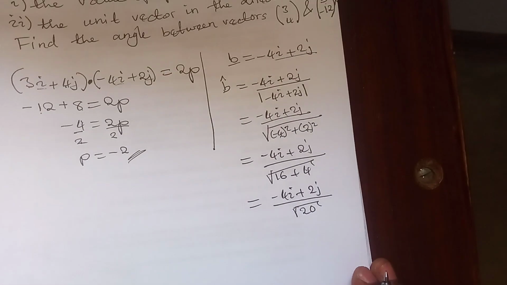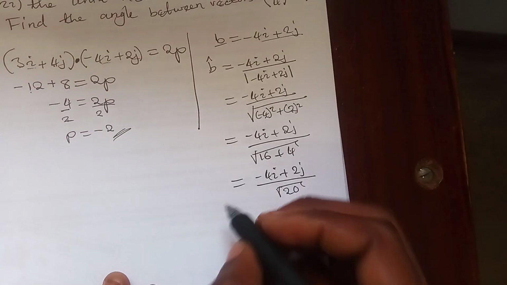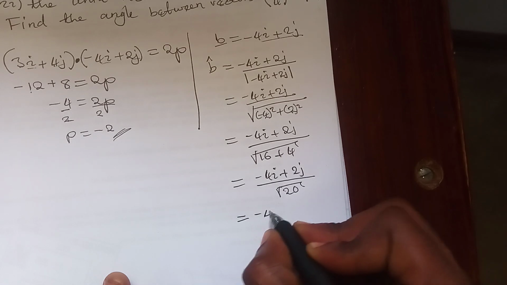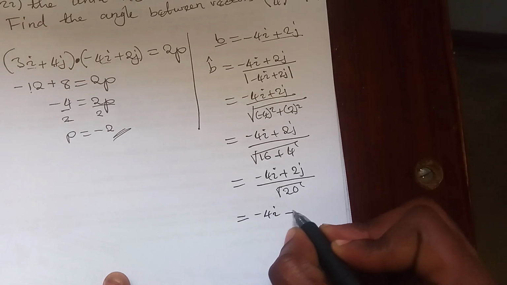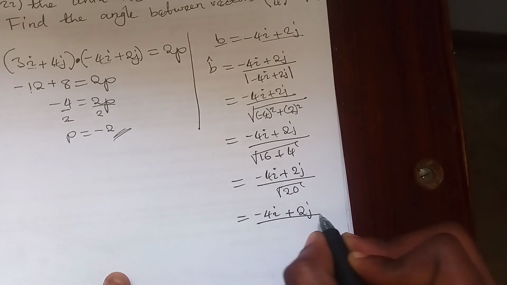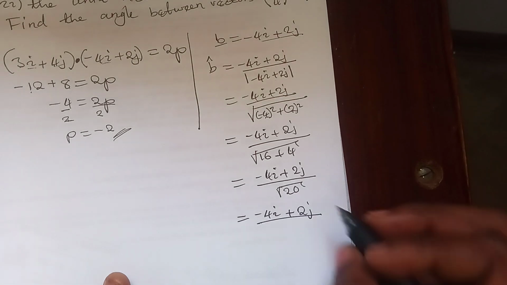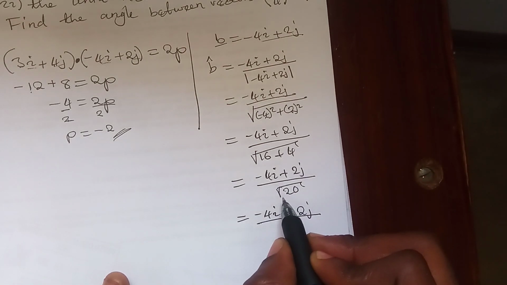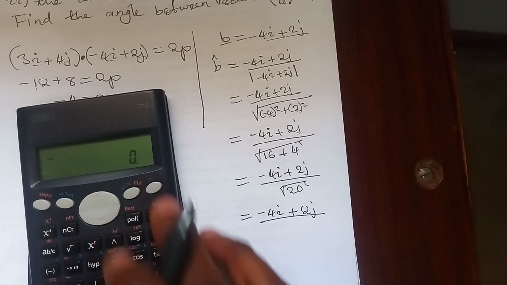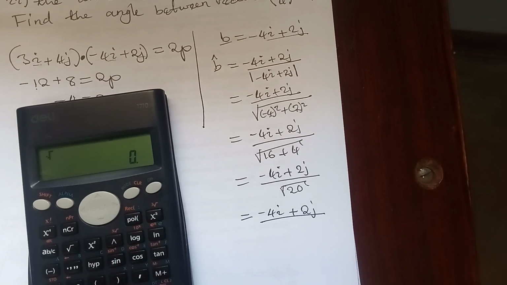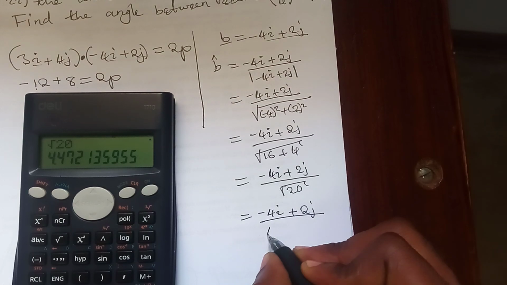So now you can find the square root of 20. You can even leave it like this, but when you're dealing with surds, it's better to rationalize it. You want to avoid having denominators with roots.